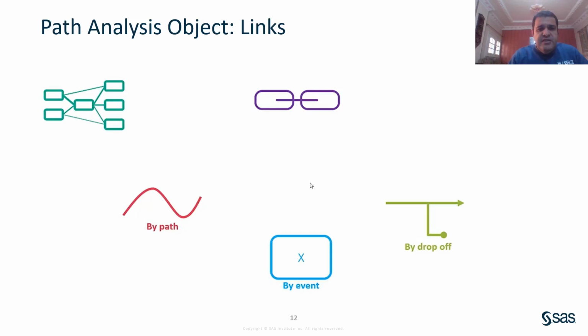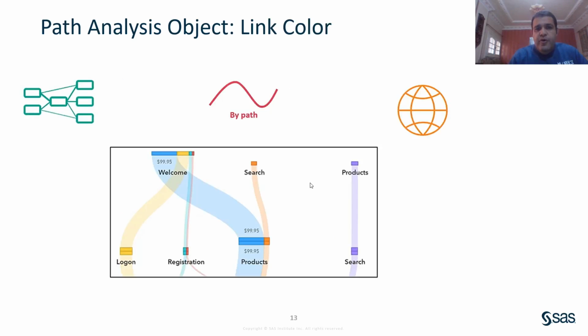This means that each event in the path will have a different color, or to show how the path is ending off or dropping off. So the link color can be by path, by event, or by drop off.